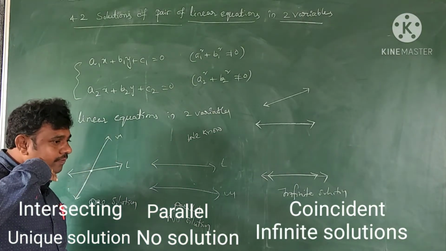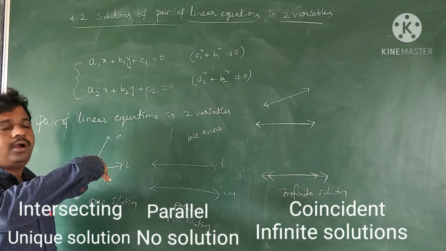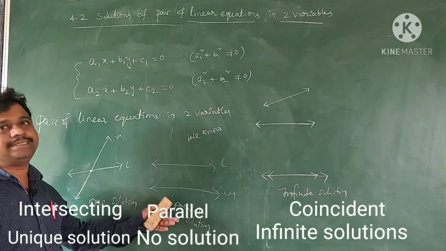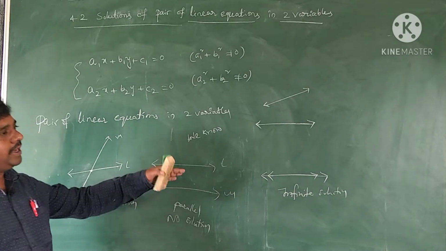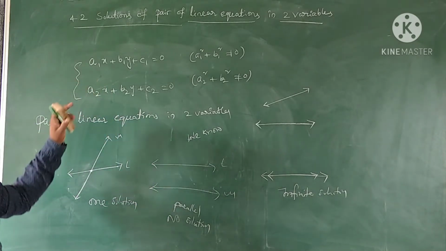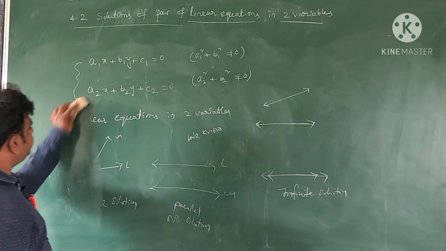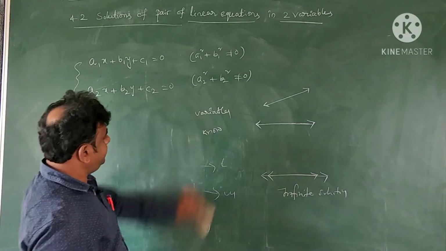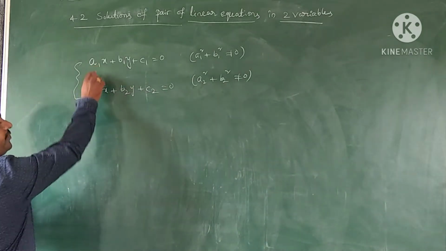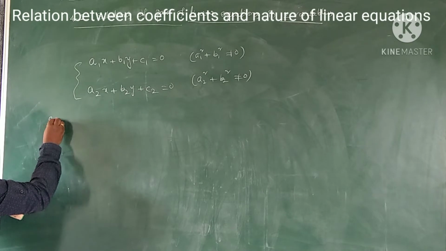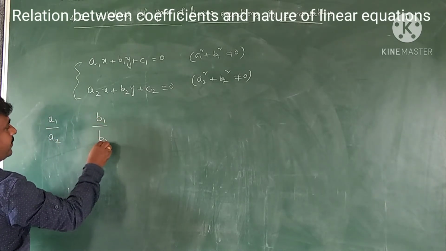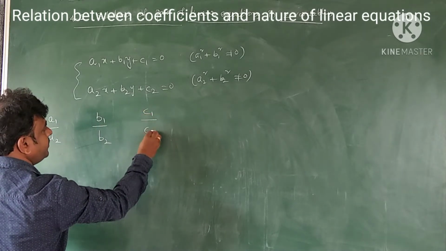Now let us see how we can tell the characteristic of the lines according to the coefficients. First, we compare the coefficients of these two lines, the ratios a1 by a2, b1 by b2, c1 by c2.